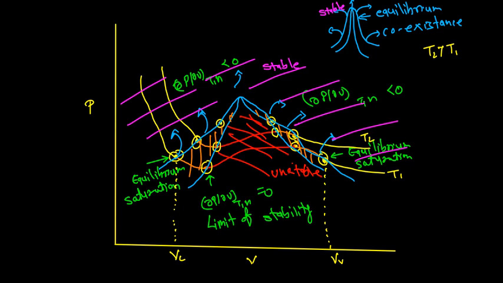By all processes, you can always observe the system in a stable state, but if you want to go beyond the stable state and access the metastable region, you have to carry out the process very carefully, because the moment you introduce a large amount of fluctuation in your system, the system is quickly going to undergo a phase change.